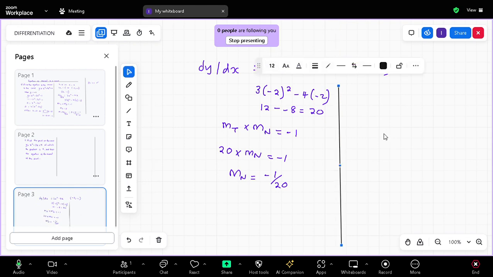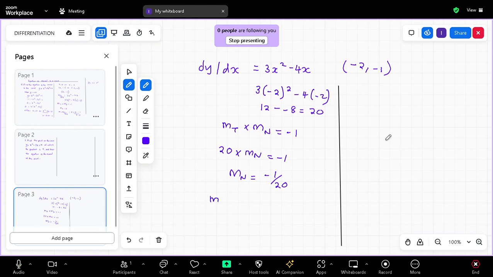So the gradient is equal to change in y over the change in x. So the gradient of the normal line, minus 1 over 20, is equal to y minus -1 over x minus -2.